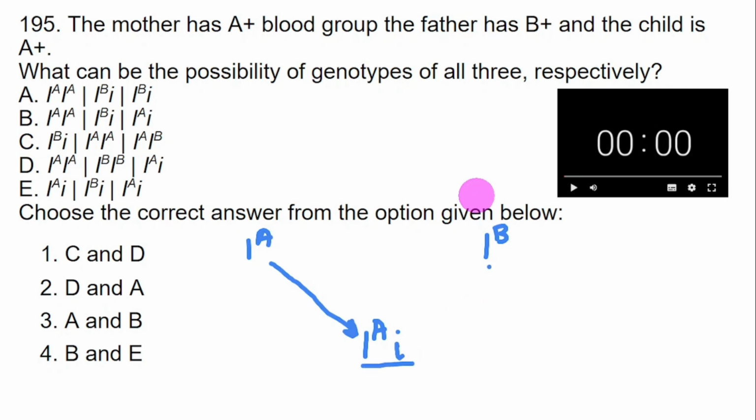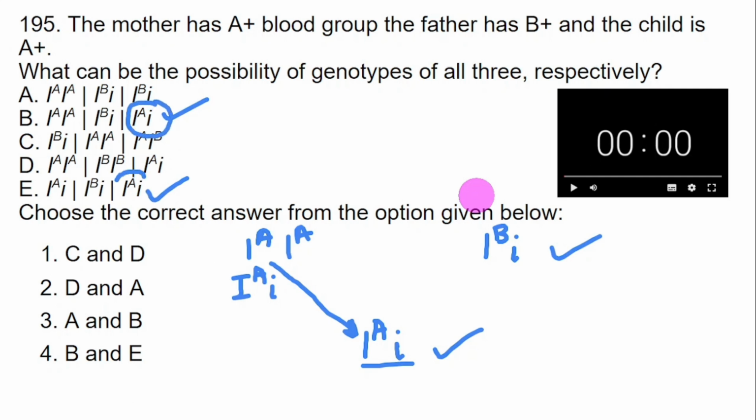And this parent has definitely given the recessive allele to the child. So from this information, we have confirmed the genotype of child and confirmed the genotype of the father. Mother, both are possible. And therefore, the answer is also this and this. We are definitely sure that it is heterozygous.